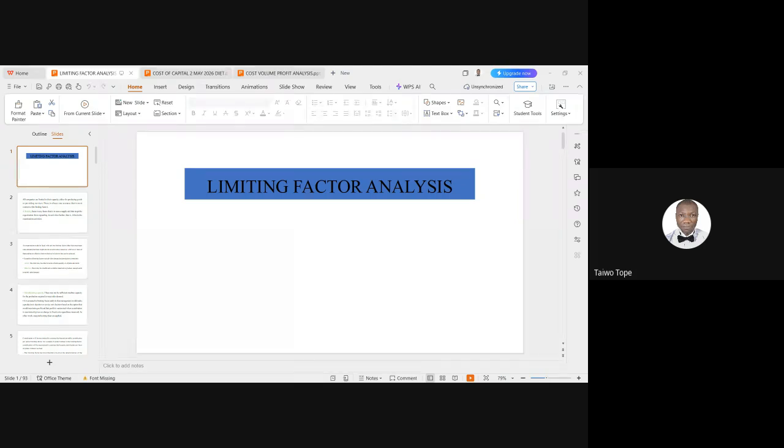It means you try to meet that demand first before you proceed to buying other ones. So also, in an organization, the purpose of limiting factor analysis is to allocate scarce resources to the products that generate the highest contribution per unit. Take note of this statement.